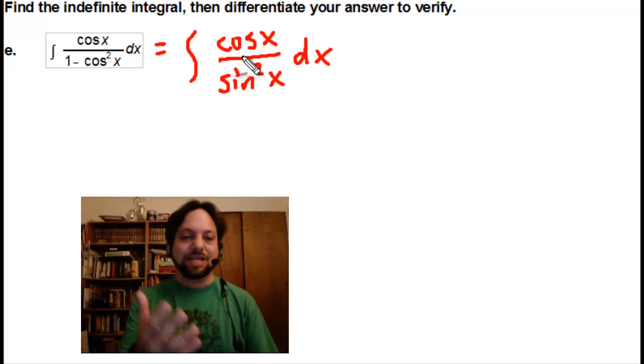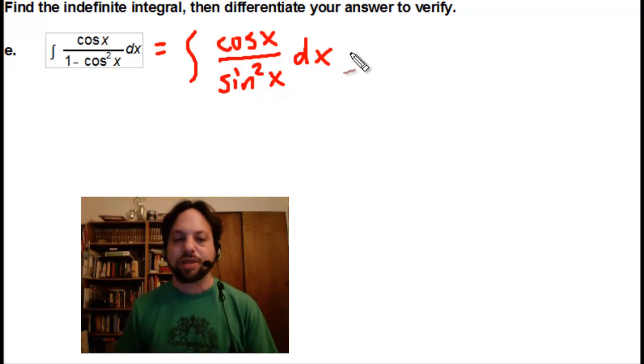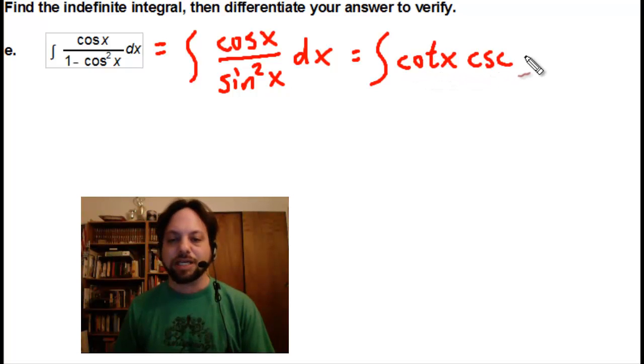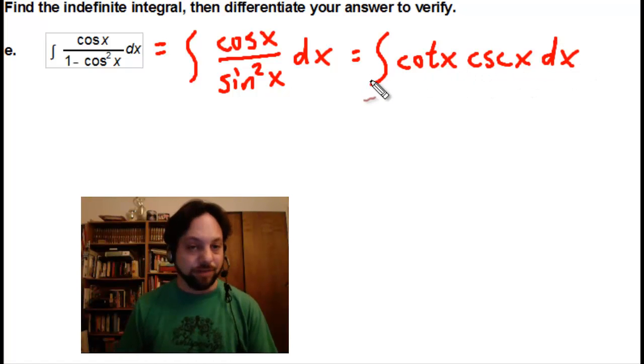Now, what can I do with this? This doesn't look like something simple to work with. However, if we rewrite it again, and consider this to actually be the cotangent of x multiplied by the cosecant of x, maybe that will help us, because that looks kind of familiar.